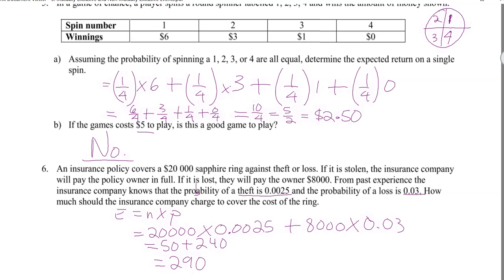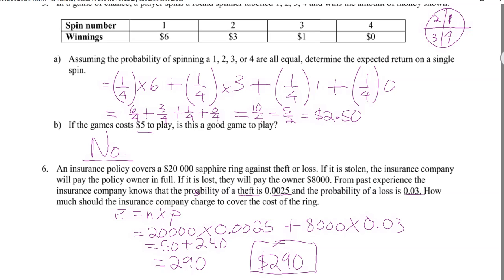And the way insurance works is to spread that risk over very many policies. So I don't know how many $20,000 sapphire rings are out there that they're insuring, but they would be insuring a lot of jewelry. And so what they would decide is that the premium you would have to pay would be $290. Now that wouldn't give them any profit.